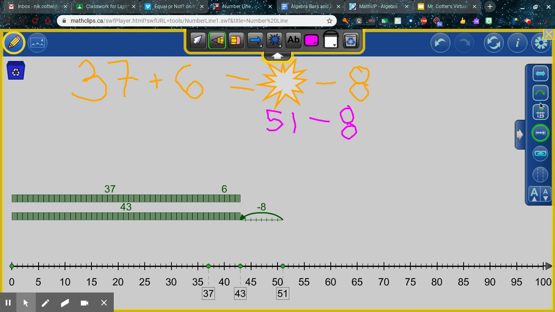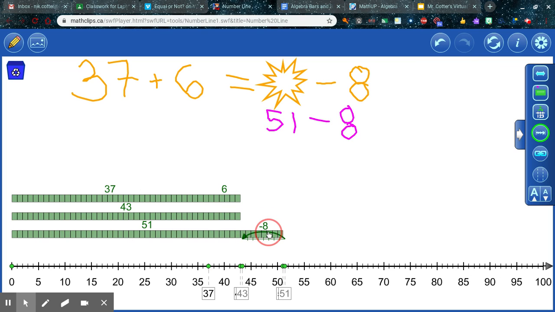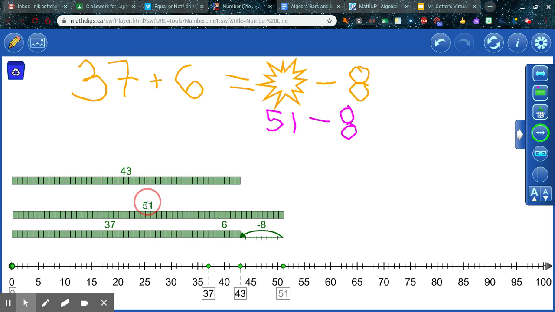So now again, I'm going to draw a bar on here. So let's see what happens if I start at 51 and I take away 8. Now I can see I'm at 43, which is the same thing as 37 plus 6. Okay?